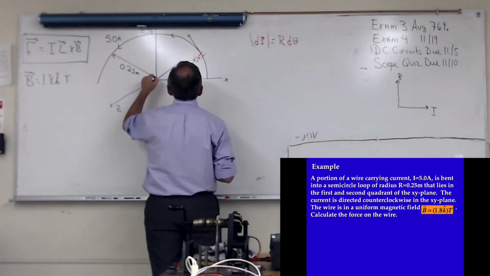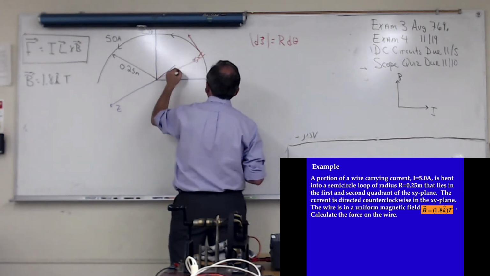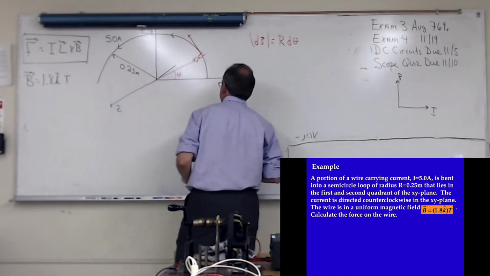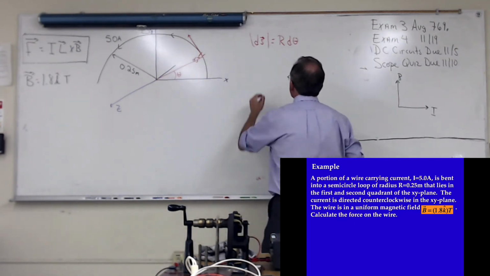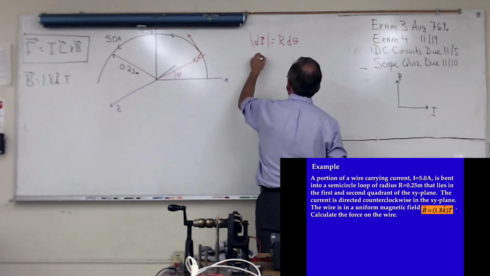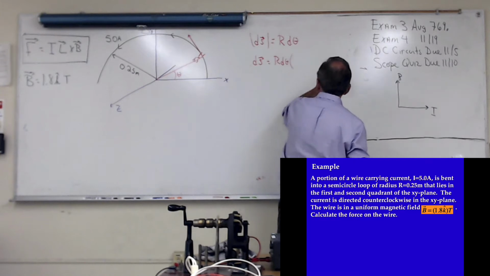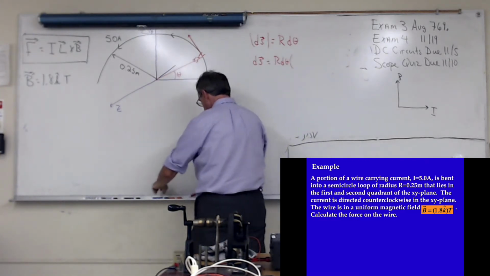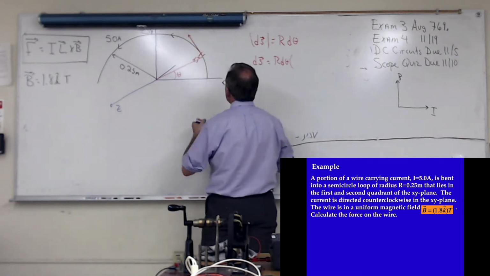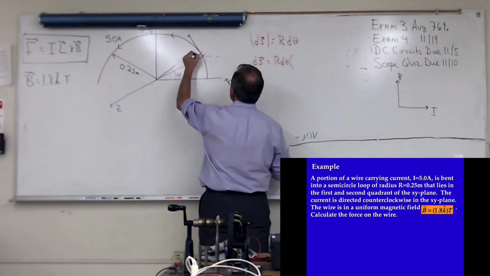So let's say that this ds is at the angle theta. I need to also write the unit vector attached to this. And I can determine that fairly easily. So to help myself with the geometry, I'm going to redraw the coordinate system here.